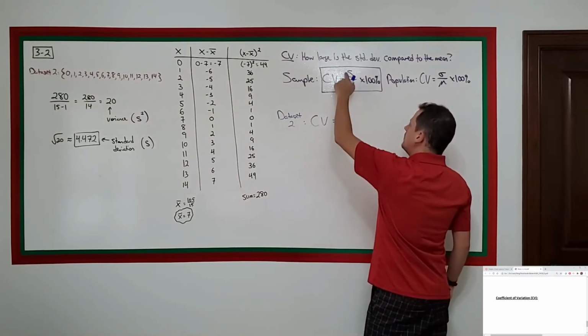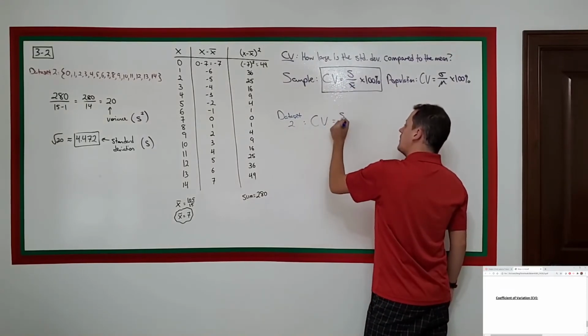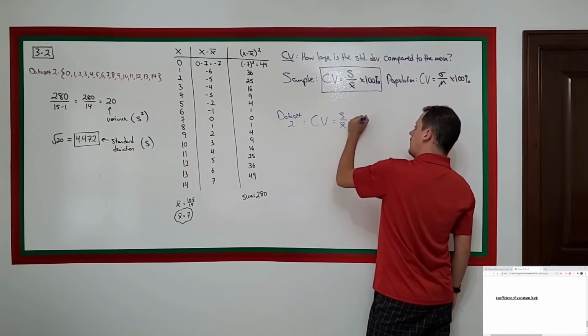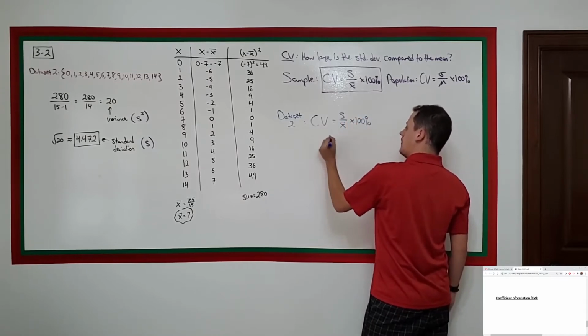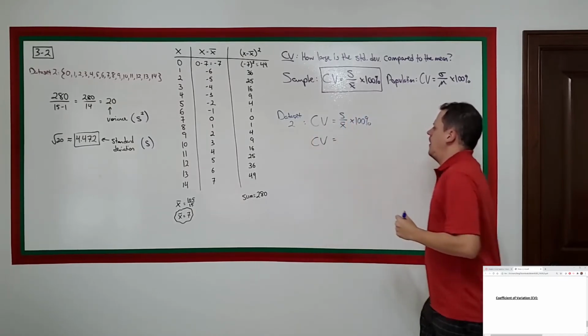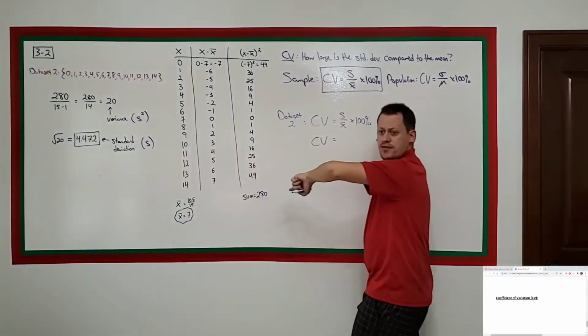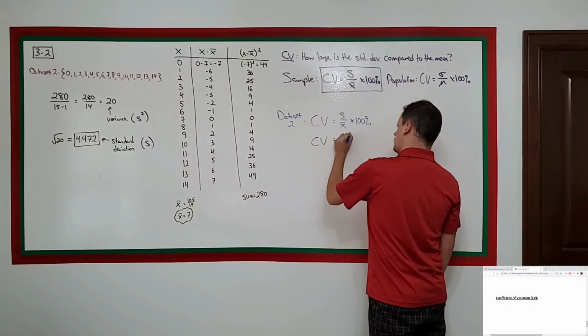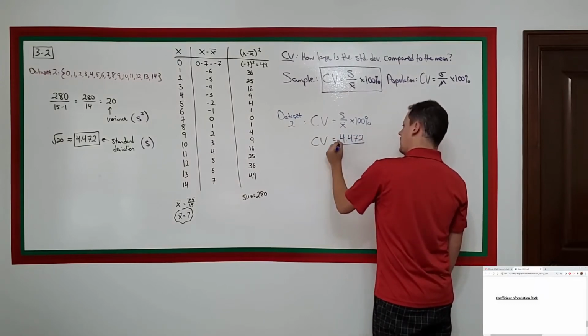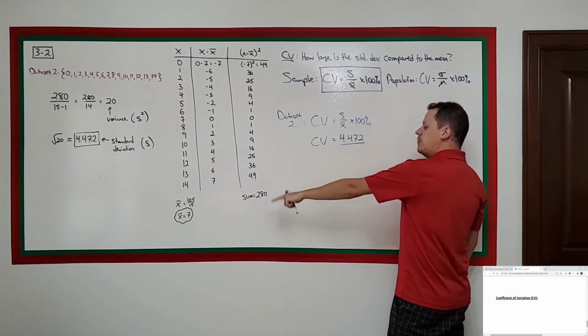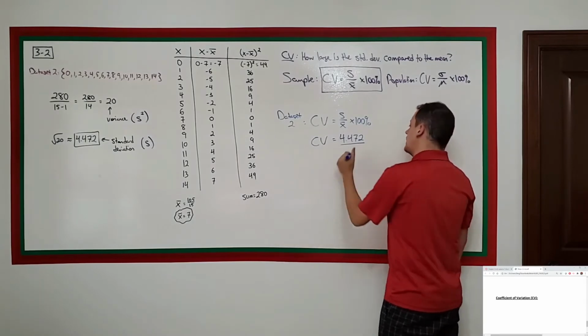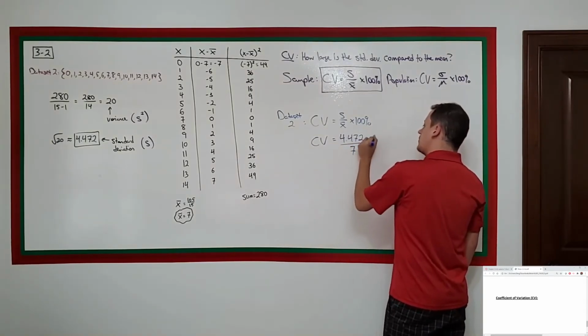Coefficient of variation is going to be, I'll just go ahead and rewrite the formula, couldn't hurt. S, the standard deviation, is 4.472. We divide that by the sample mean, which we said was 7 down there, times 100%.